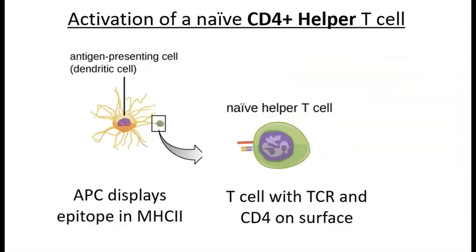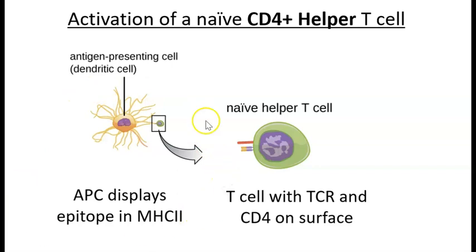On the other side, you've got these CD8 cytotoxic T cells floating around out there. We've also got a population of T cells that have another molecule on the surface that is known as CD4. So these guys are known as CD4 T cells, and they are going to be the helper T cells, as we'll see.